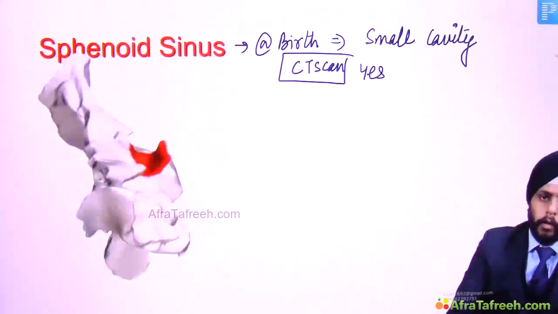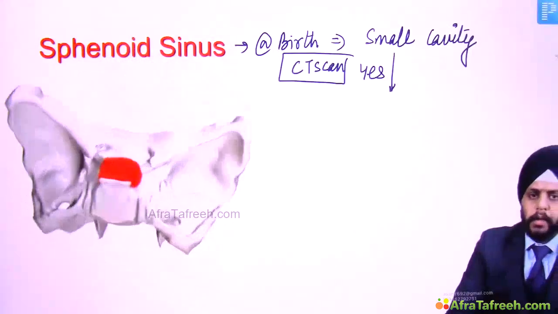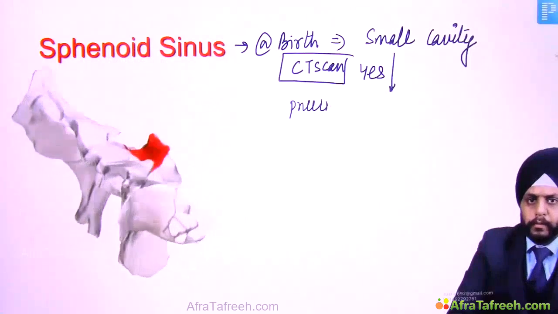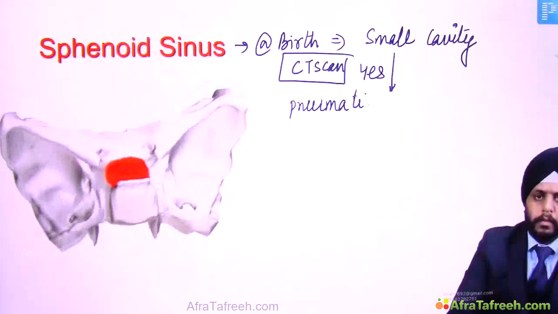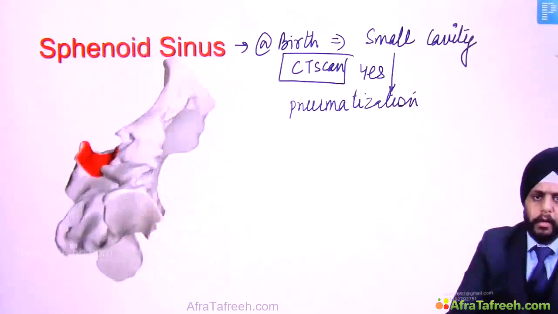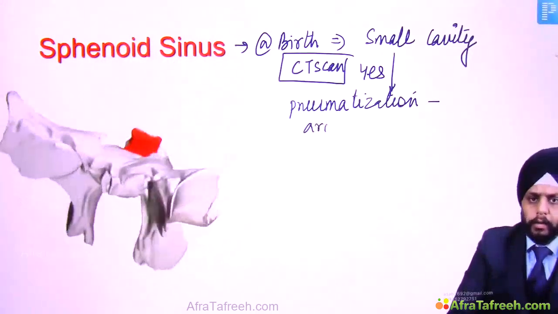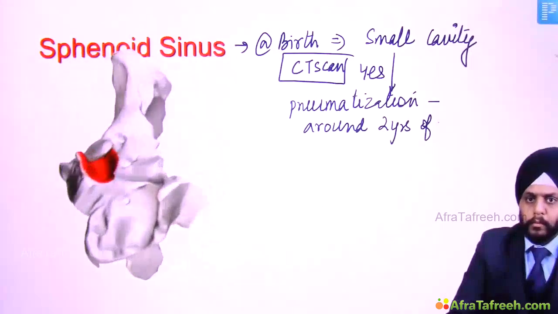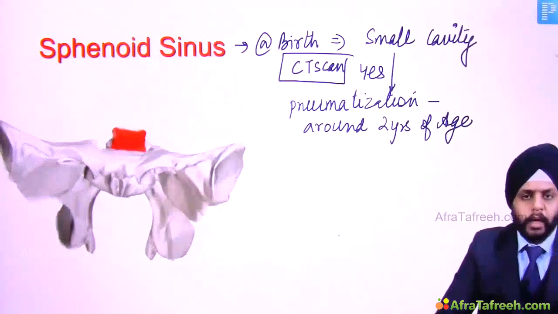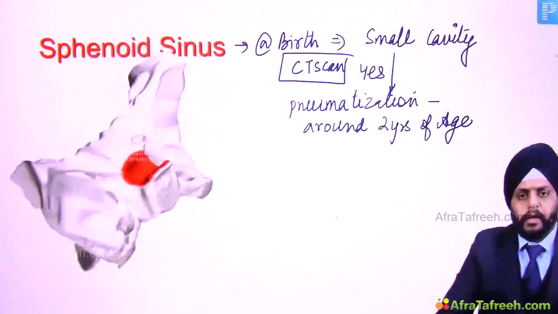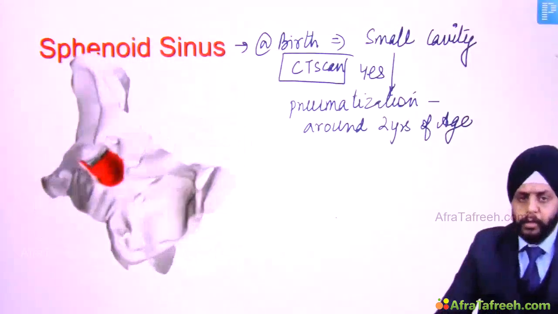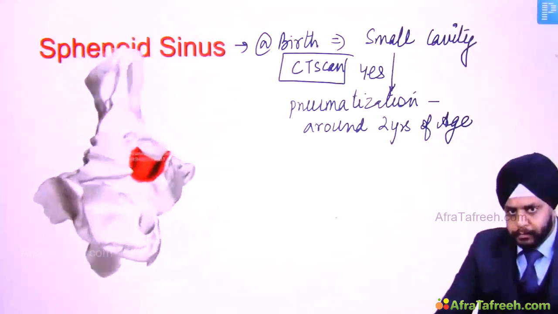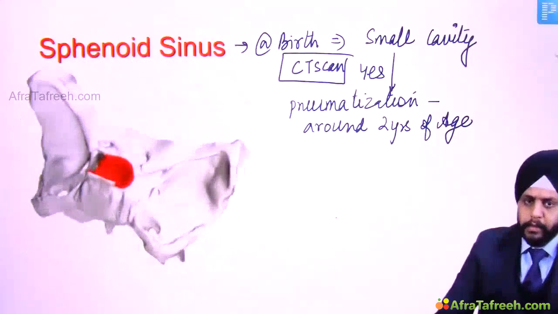However, the main pneumatization in the body starts around 2 years of age. So yes, this sinus is also present at birth, and we can see it on a CT scan also.